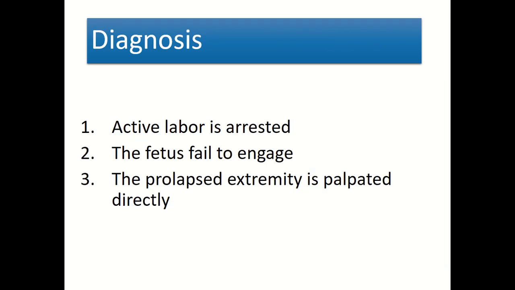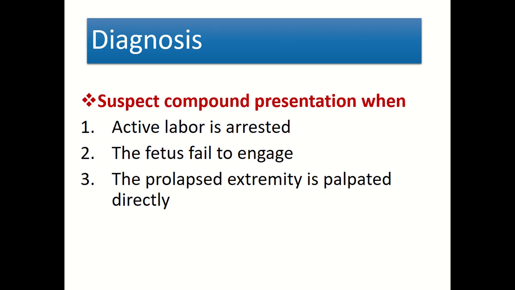That makes it very difficult for the labor to progress. So you'll find that the active labor is arrested: no progress, no descent, no cervical dilatation, no engagement. But you can also palpate the presenting part.